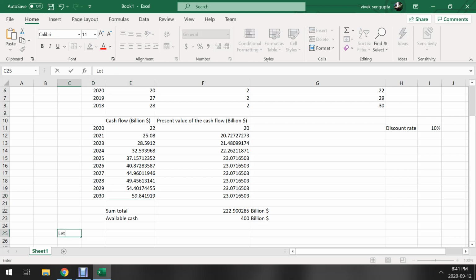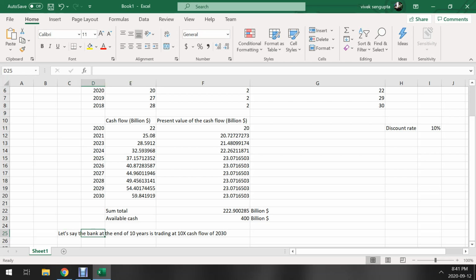I'm going to make a mark here. Let's say the bank at the end of 10 years is trading at 10 times the cash flow of 2030, right?